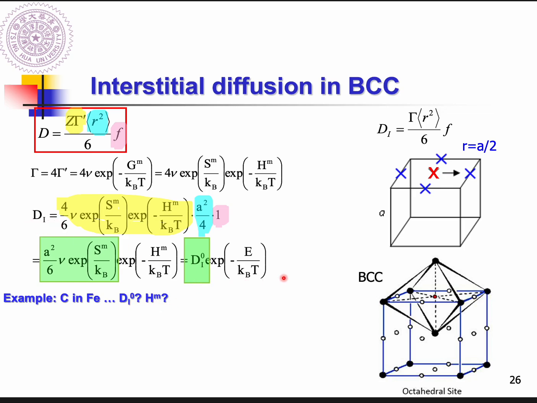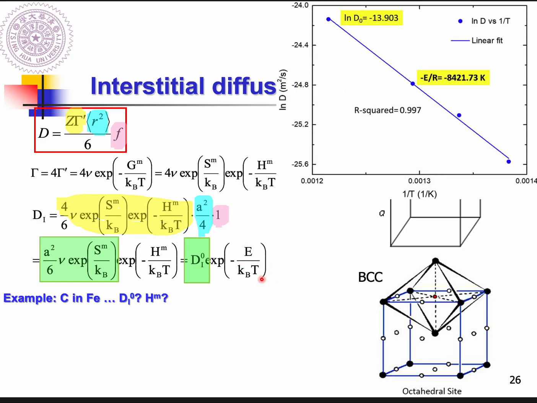If you can measure the diffusivity of the carbon atoms at different temperatures, then you plot log D versus 1 over T, and you will get this figure. So I measure the diffusivity of carbon at different temperatures T1, T2, T3, and T4, and plot log D as a function of 1 over T. Then you get these four data points, right?